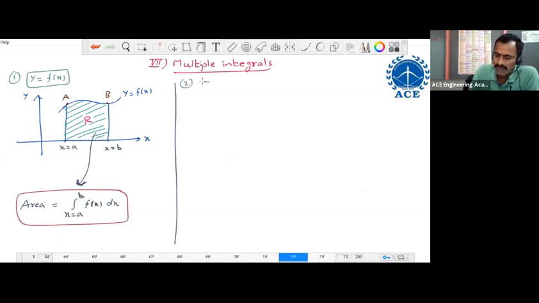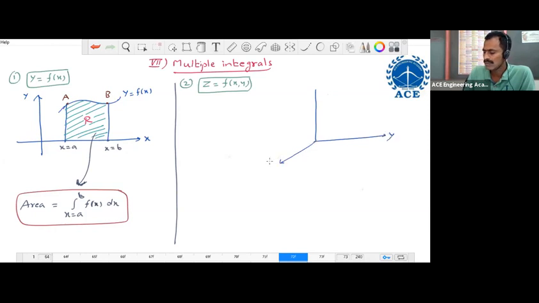Second one, z equal to f of x comma y. Already we know that this function of two variables represents a surface of some object in 3D space only. Some object in space.